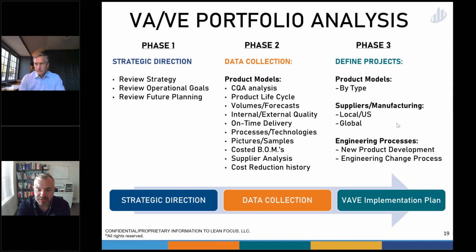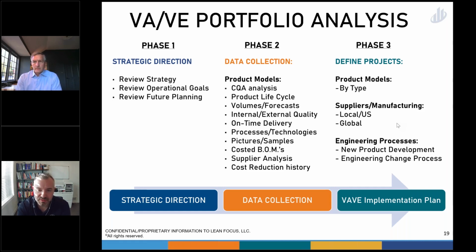The project funnel may be by model or brand type, by product. It could be by a geo, which is supplier manufacturing location. Maybe you have a large key supplier that you need to partner with, such as the circuit board example that Kevin gave, or it might be within processes where we need to change the way we engineer products to accelerate our product development and our ongoing engineering change process.